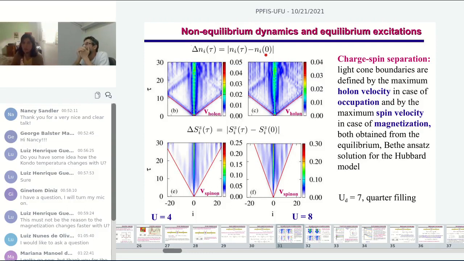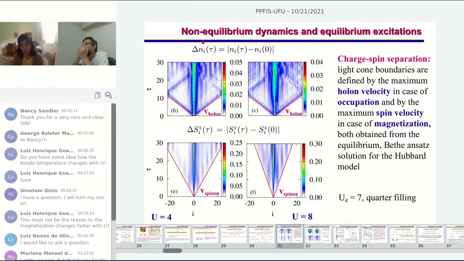Then we turn on this connection and we are checking what happens with the change in the occupation. This corresponds to the colors here. In the y-axis we have time, and in the x-axis we have the position, at the impurity or in the wire, or in the system, indeed, because here we have both the left and the right wires.